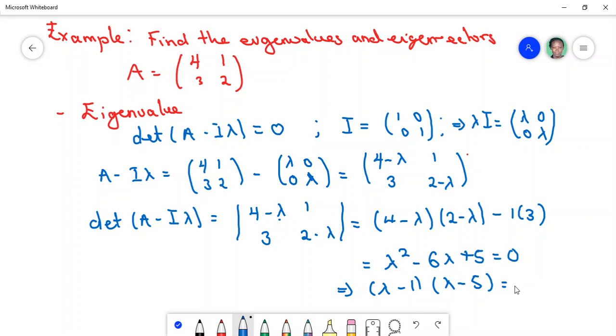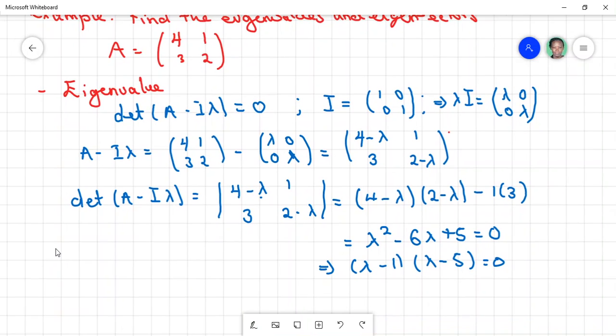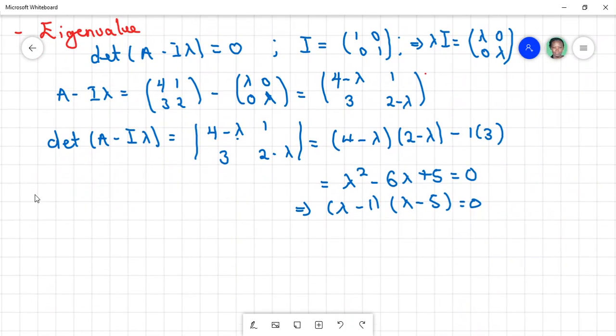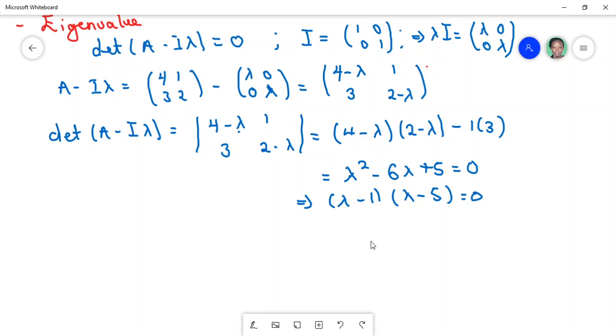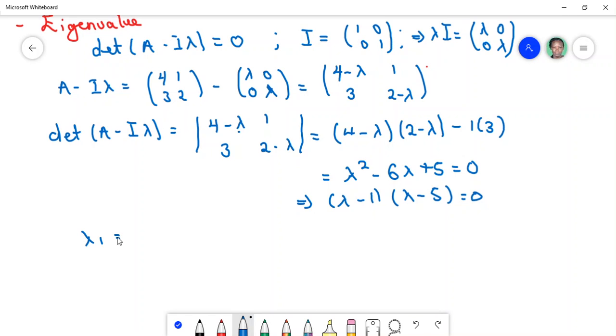So from here, realize lambda 1 is going to be equal to 1, and lambda 2 is going to be equal to 5. So we know the eigenvalues for the matrix 4, 1, 3, 2.